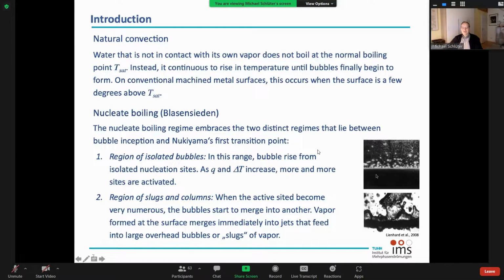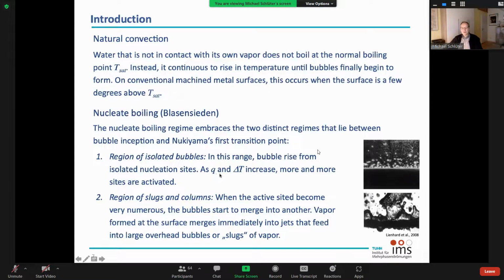And so if we increase the current, then the first bubbles will appear due to boiling, and this is called nucleate boiling. Nucleate boiling is that some tiny bubbles appear here, and this is when the boiling starts. In that case, in the first region, we have isolated bubbles that are rising from this wire upwards.